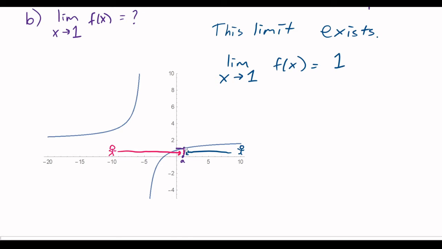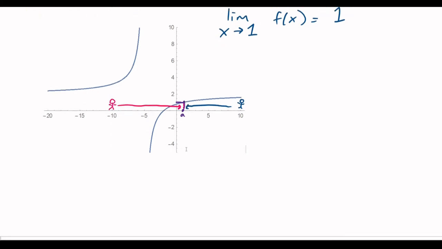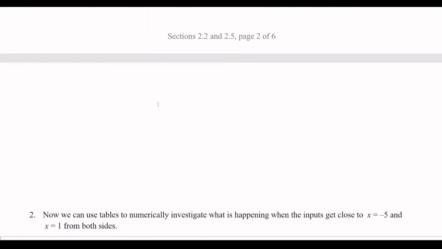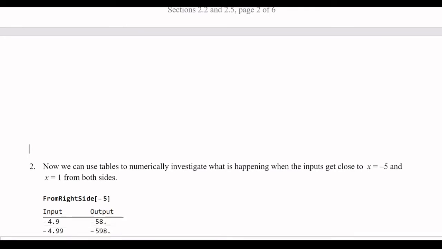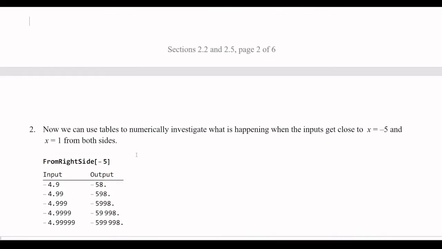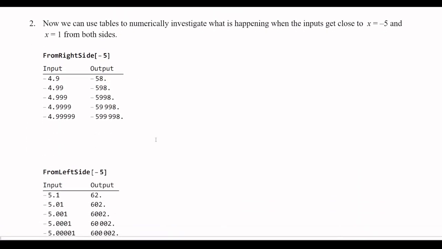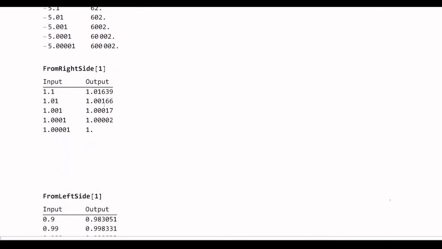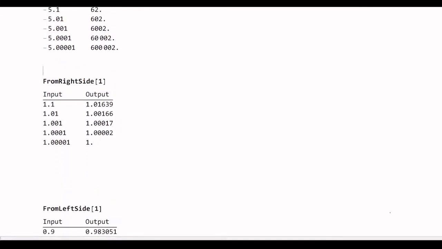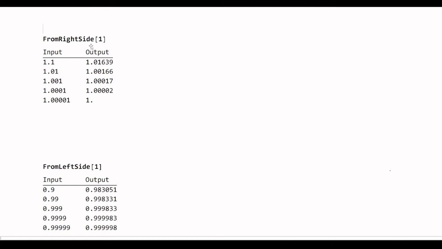Well, let's check this out using a table of values and see if we can use that to confirm. So, going down here, give myself some better space there. Forget about the 5 for a second. We're just going to focus on these two tables. Okay, so from the right side, I'm approaching 1. It's always good to think about the numbers because you guys have calculators.